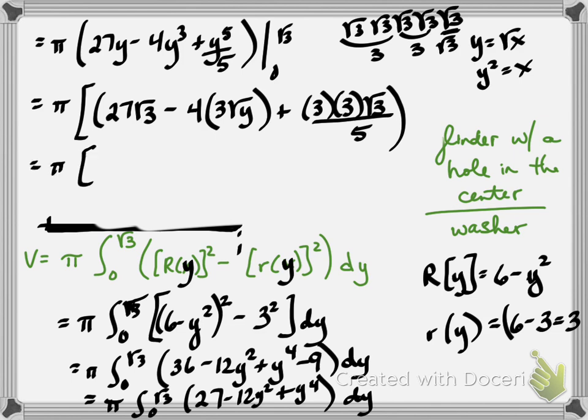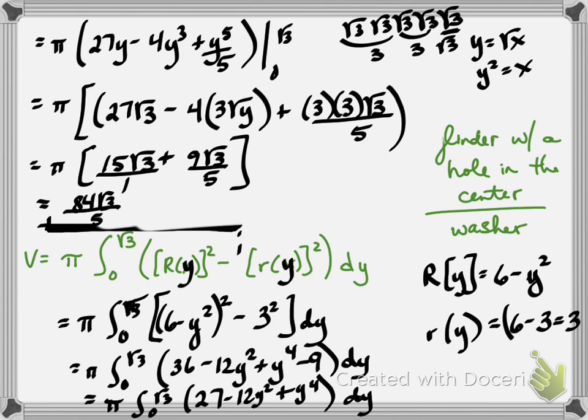And then that would be 27 square root of 3 minus 12 square root of 3 is 15 square root of 3 minus 9 square root of 3 over 5. Then we want to get a common denominator. So that would be 75 square root of 3 plus 9. 75 plus 9 is 84 square root of 3 over 5 pi.